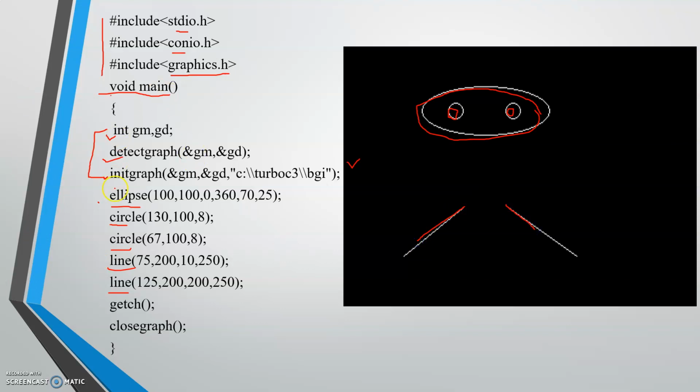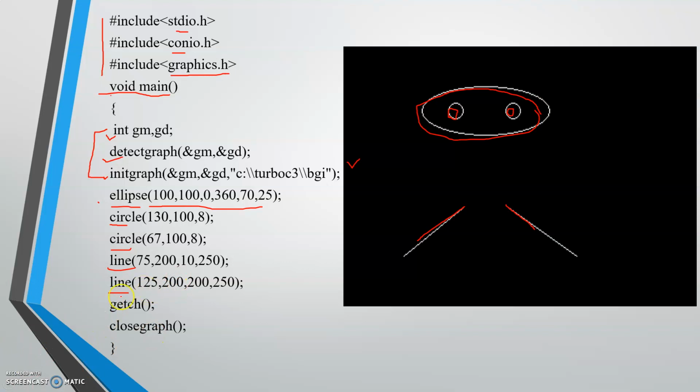To draw an ellipse, we are using the syntax and formulas which we studied in a previous video. Our syntax is ellipse in round brackets x comma y, that is the x and y coordinates, comma start angle, comma end angle, comma x radius and y radius.